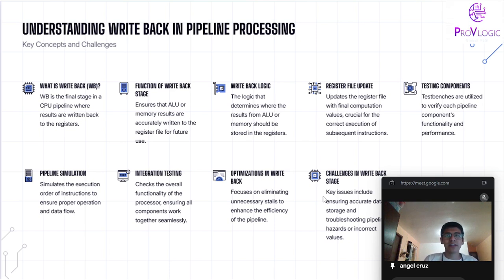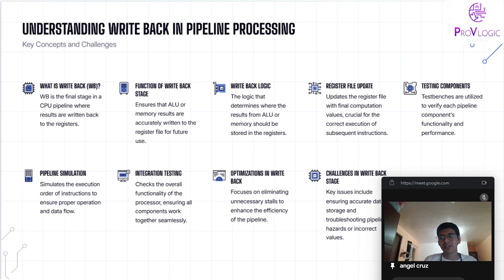So to understand the write-back in the pipeline and register, I'm going to be talking about some of these concepts, not all of them. The function of the write-back is to ensure that the results that the ALU and memory give us are accurately written to the register file for future use.